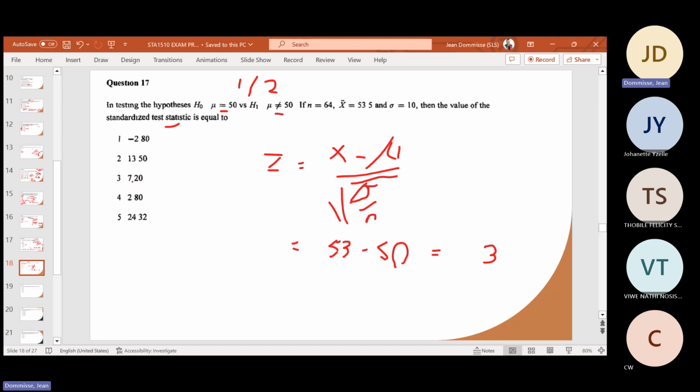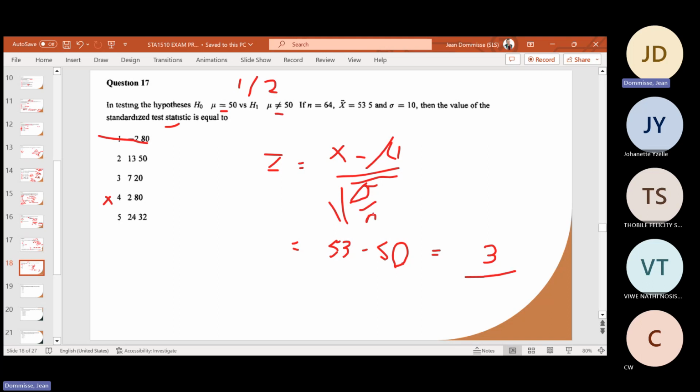When I look at the options, option 1 is not it, because it's going to be positive. Because there was negative 2.8, I'm already nearly thinking that the positive 2.8 might be the one we're looking for, but let's see.